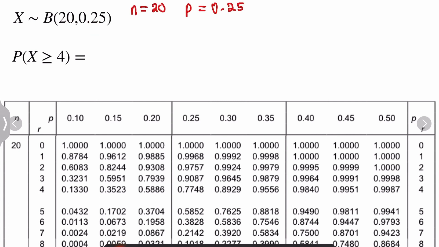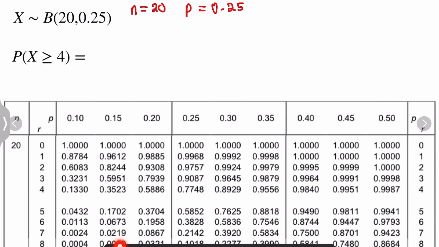So I want you to look at your table. Probability x greater than or equals to 4. Yang ini boleh baca table terus. Kenapa? Sebab is the p is less than 0.5? Yes. Is the probability using the symbol of greater than or equals to? Yes.